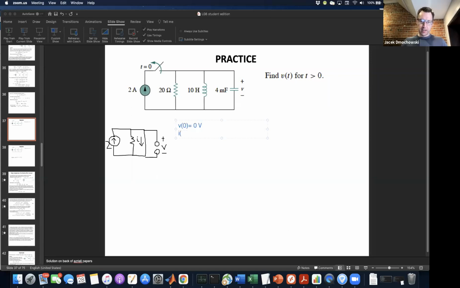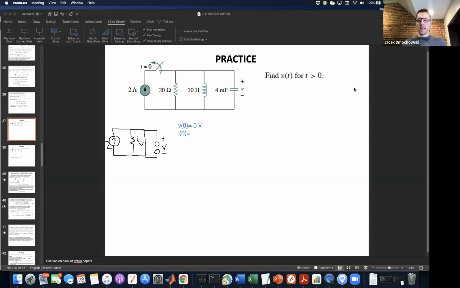What about the value of I at time 0? What is the value of this current here? It depends on where V is defined.